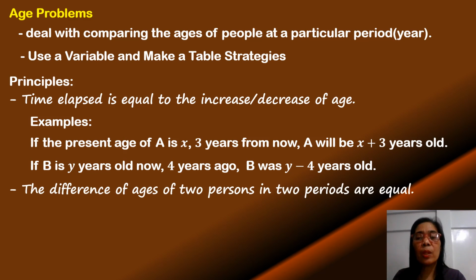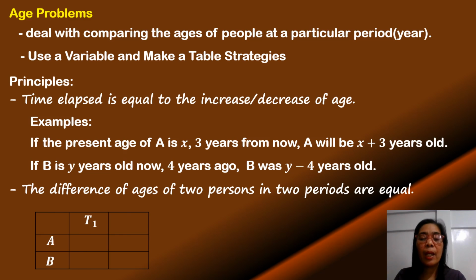Another principle that we use in constructing the equation is that the difference of ages of two persons in two periods are equal. So we construct the table of values. We have A and B and the two periods T sub 1 and T sub 2.